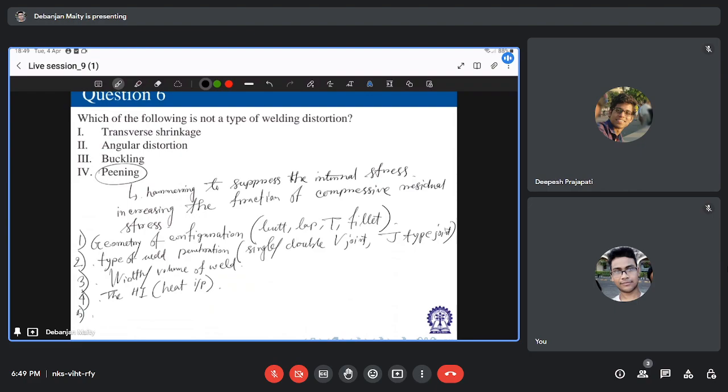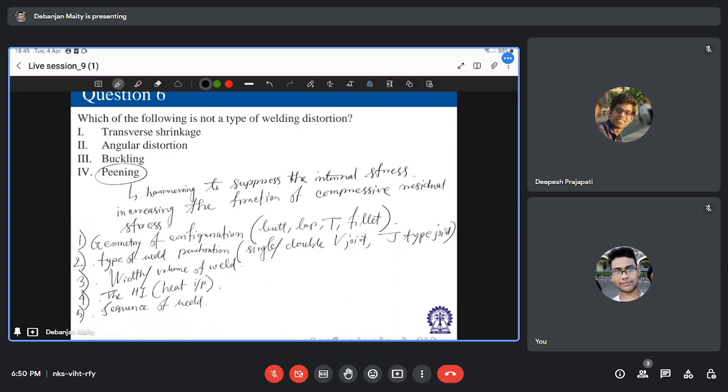The sequence in which the welds are made, like sequence can help your balancing or doing some offset in your thermally induced stress. So sequence of weld, and yeah, that's it really.